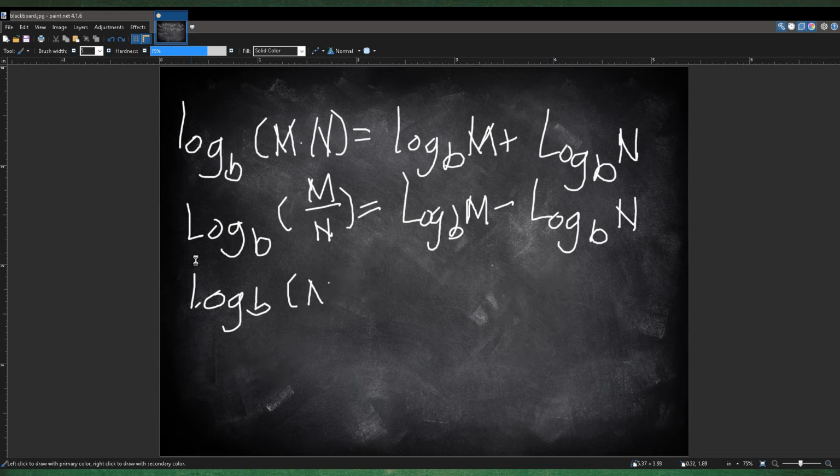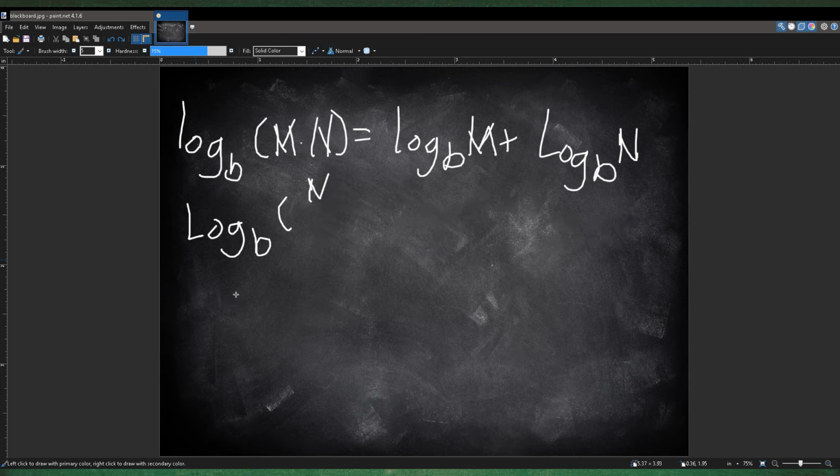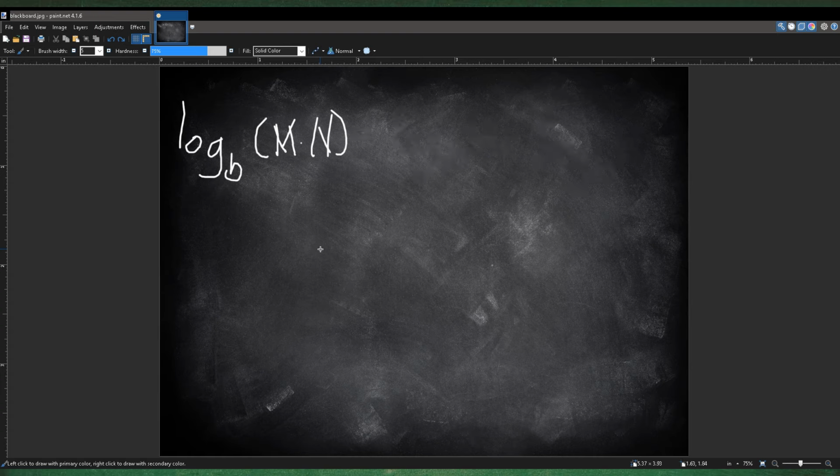Overall, all these properties work if b is greater than 1, you know? Like it could be any real number basically. But those are some rules you want to just know.